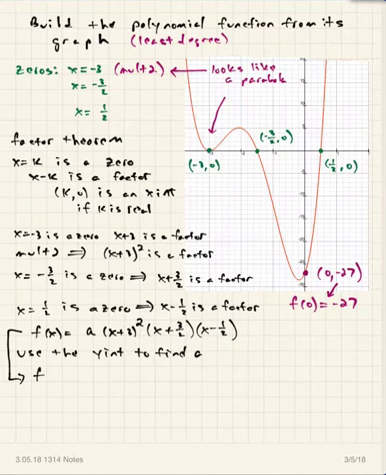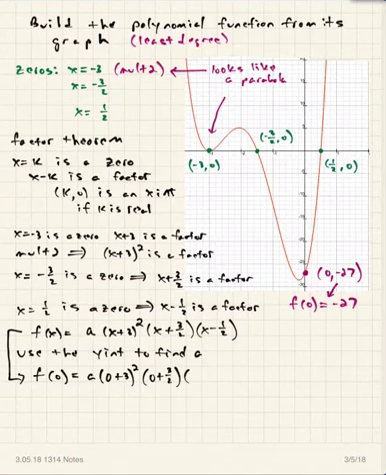You substitute 0 in for x. You have f of 0, and you literally, every place you see an x, you put a 0. So you have 0 plus 3 squared times 0 plus 3/2 times 0 minus 1/2. But the y-intercept tells you that the answer to that little calculation better be -27.